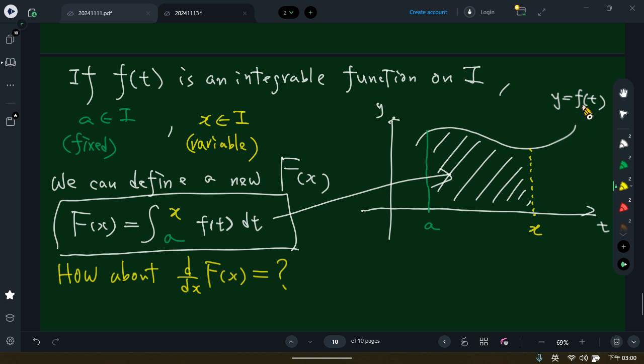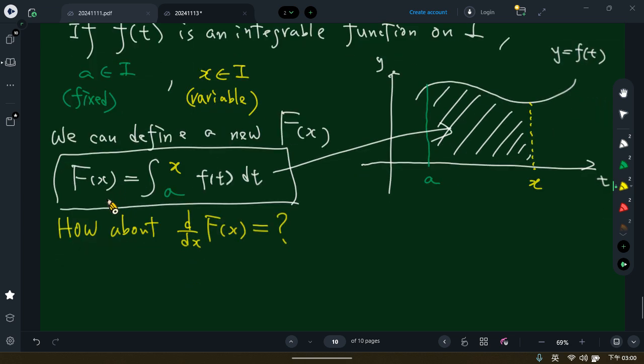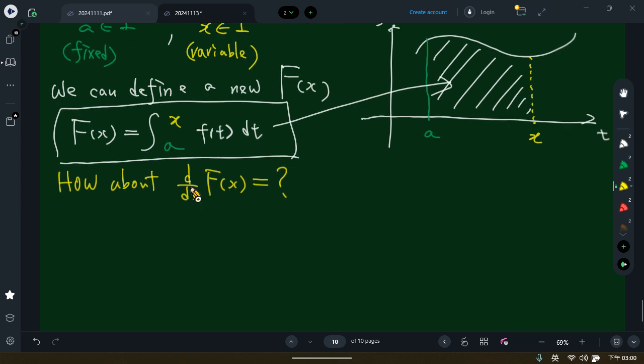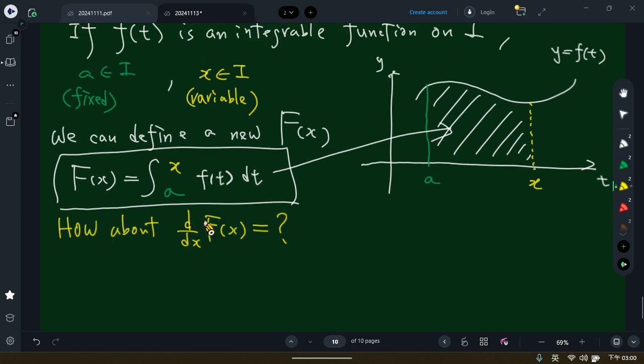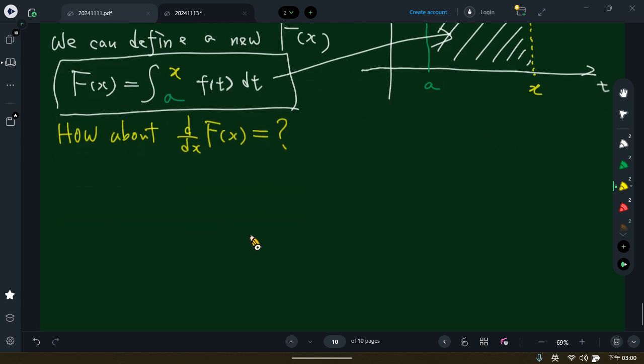I give you y is small f of t first. Based on that, I define a new big F of x as the integral from a to x of f of t dt. The start point is a, which is fixed. The endpoint is x, which is variable. Okay, so if I try to differentiate it, what will happen?